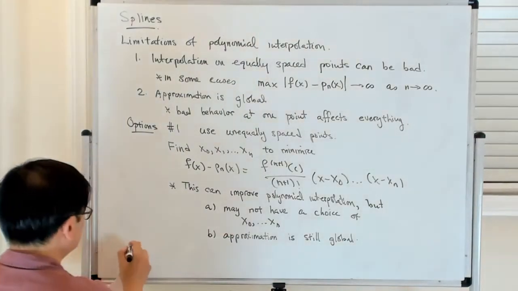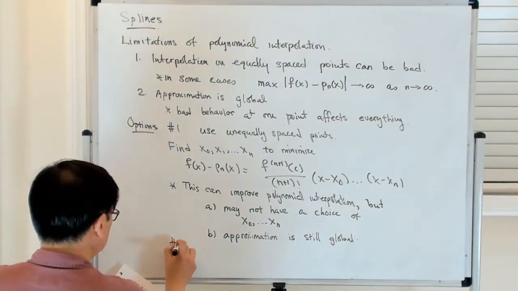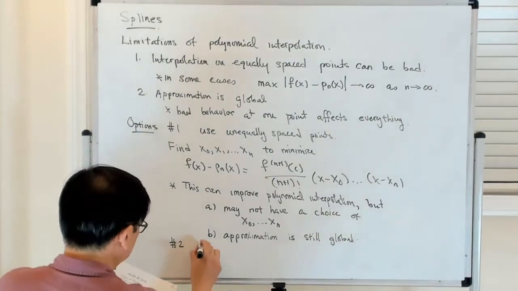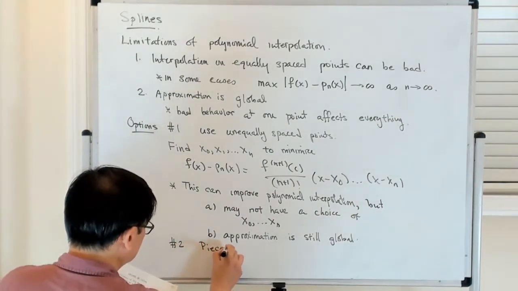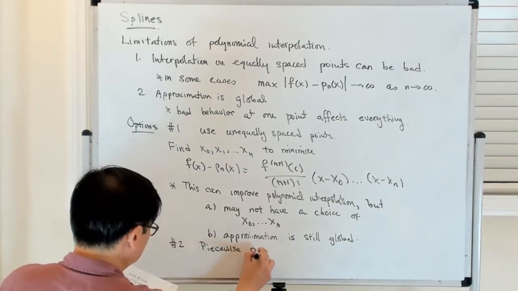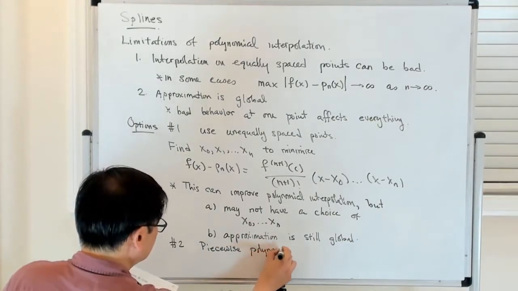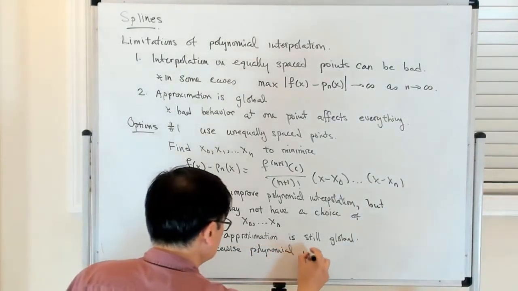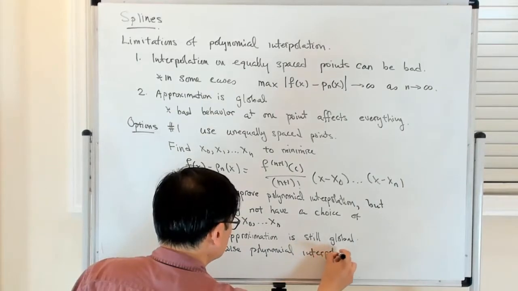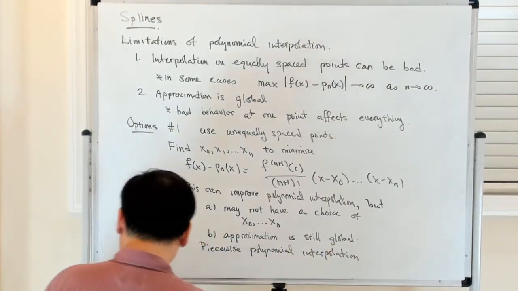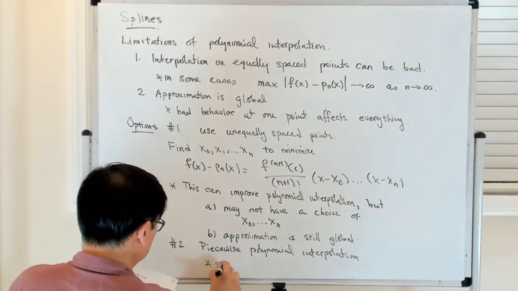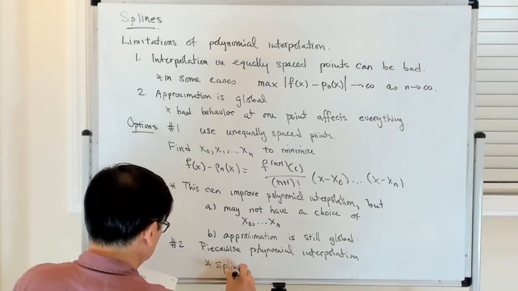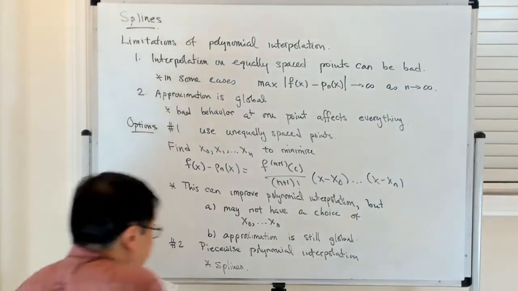All right, so instead we're going to choose the second option, which is what is called piecewise polynomial interpolation, otherwise referred to as splines. Okay. All right.